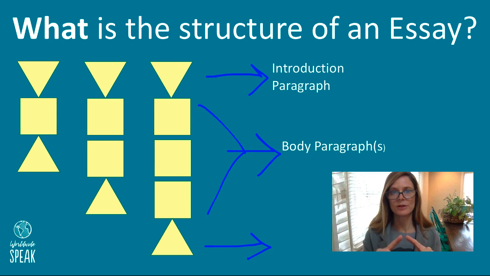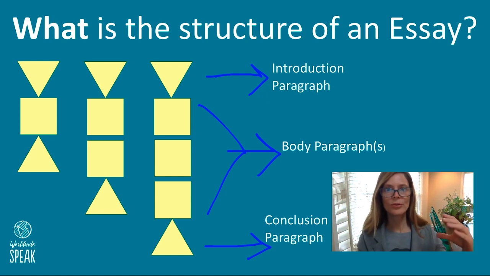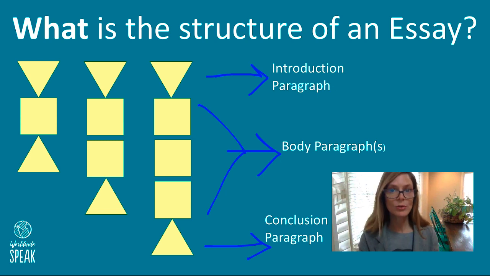And then we use the triangle in the regular position for the conclusion. So the upside down triangle would be your first paragraph. The square or squares would be the body paragraphs. And the regular right side up triangle would be your conclusion.